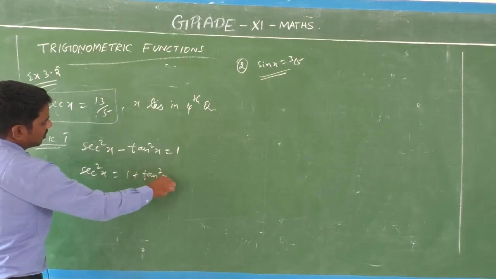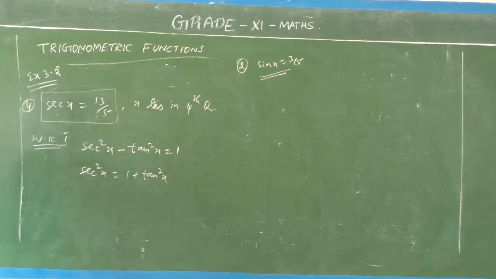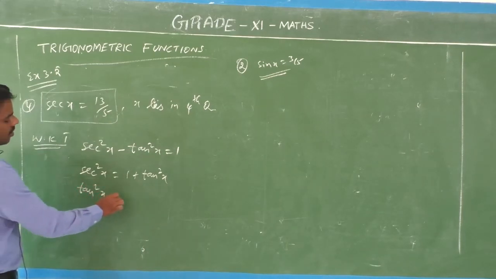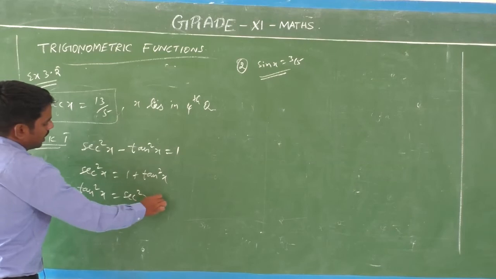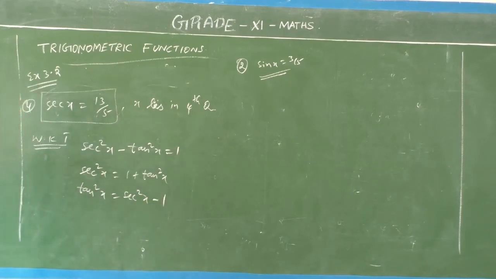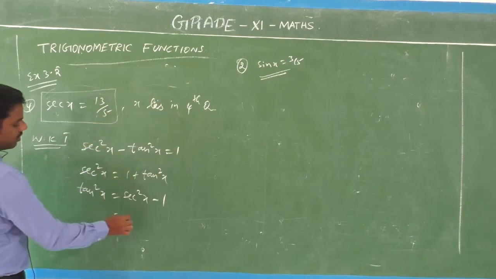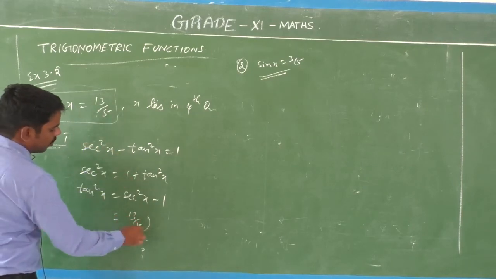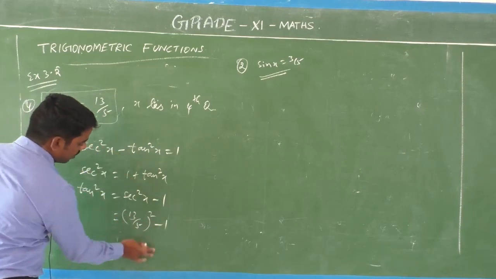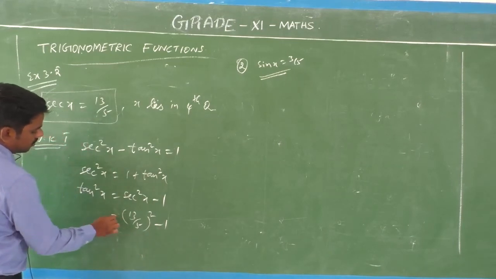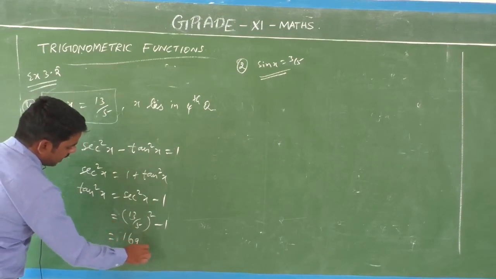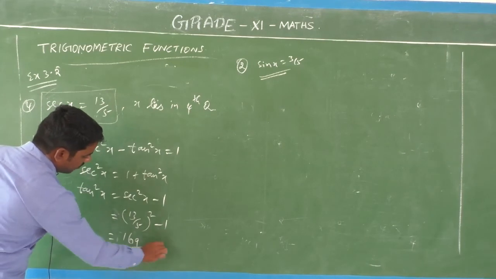Then tan squared x is equal to secant squared x minus 1. Here secant squared value is known: 13 divided by 5 the whole squared, minus 1. 13 squared is 169, divided by 25, minus 1.